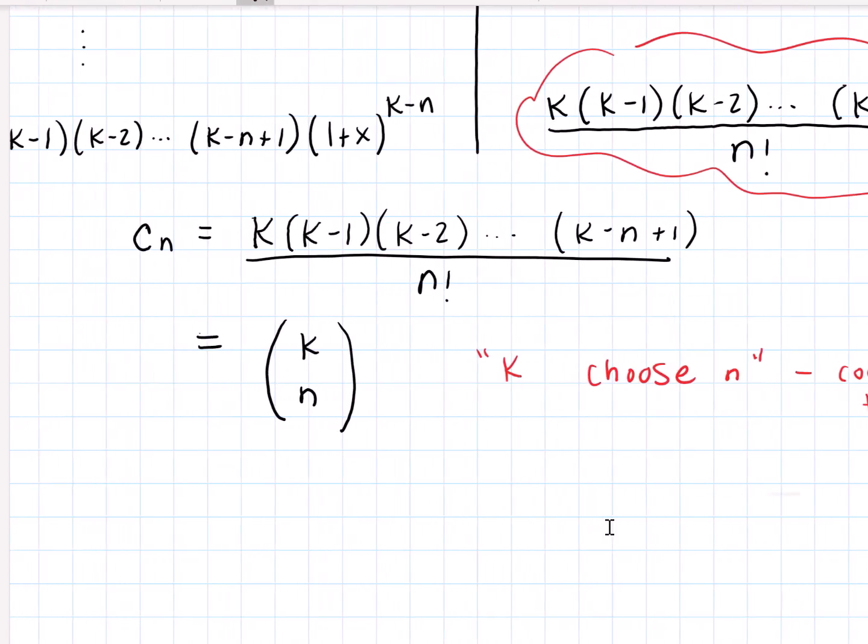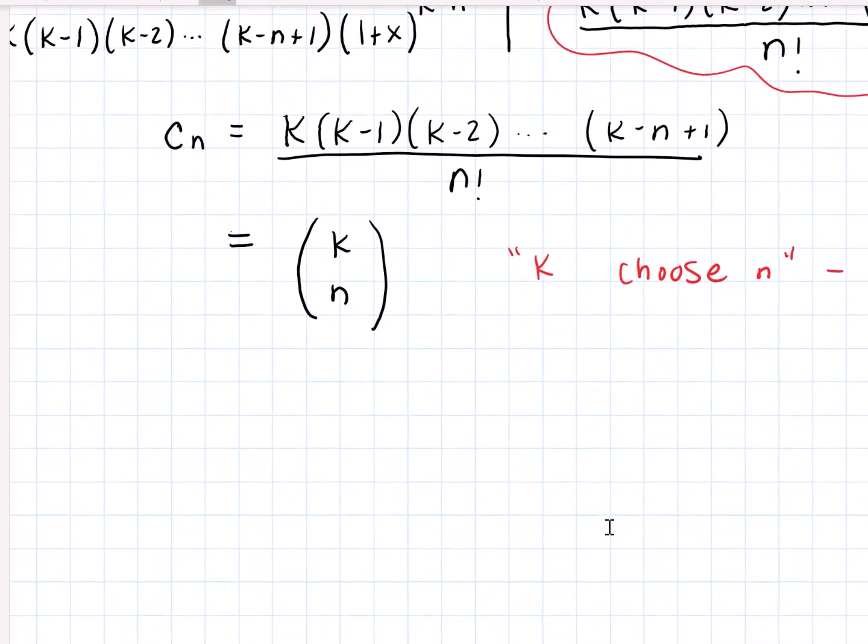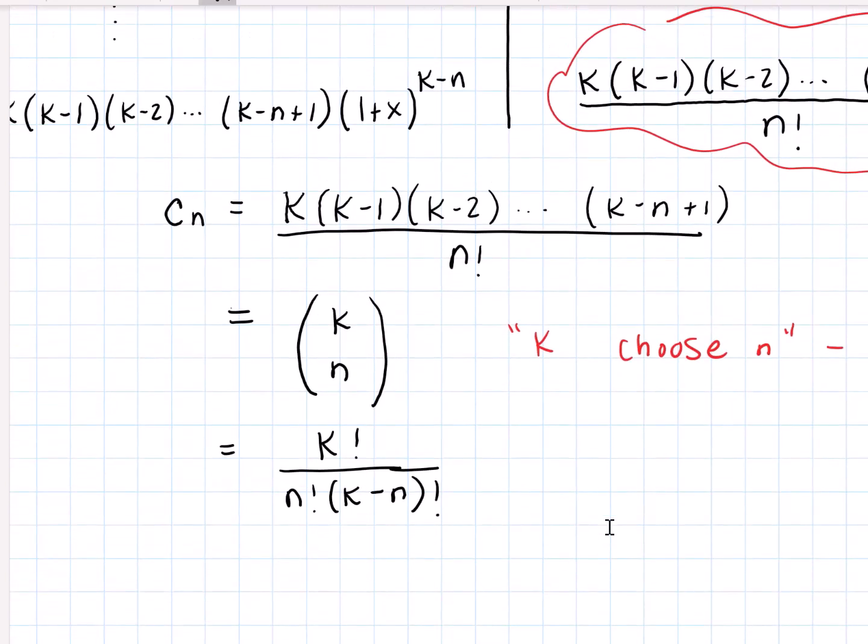That is also equal to, we could also write that as a ratio of a couple of factorials, k factorial over n factorial times k minus n factorial. If we think about how we ended with this expression right here on the top, you could think of that if it continued and went all the way down to 3, 2, 1, that would be the factorial k factorial, but it doesn't continue.